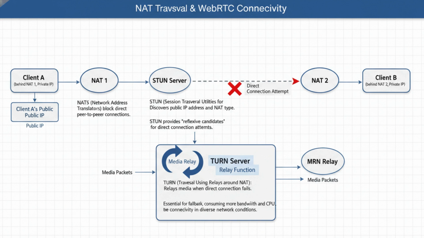While effective, TURN servers consume significant bandwidth and processing power as they are actively involved in the media stream, unlike STUN servers. Therefore, TURN is typically used as a last resort when STUN and direct connections fail, ensuring connectivity even in the most challenging network environments. The process of using STUN and TURN within ICE is crucial for robust WebRTC connectivity.